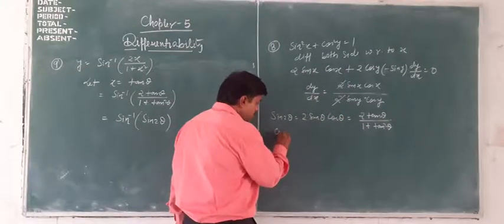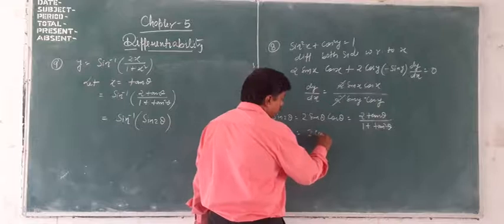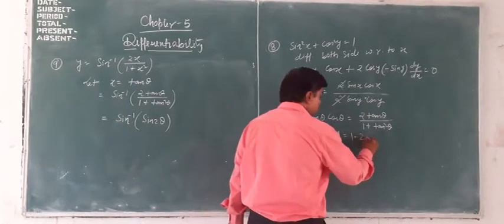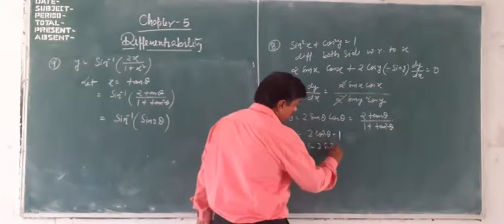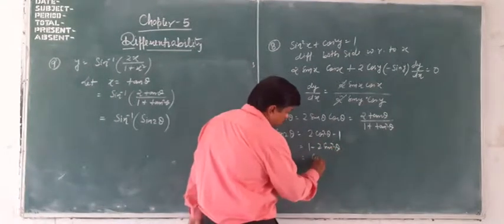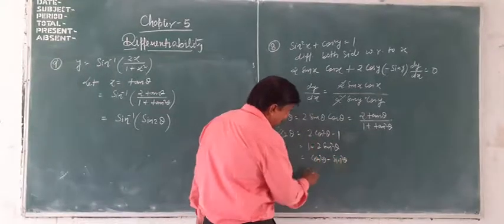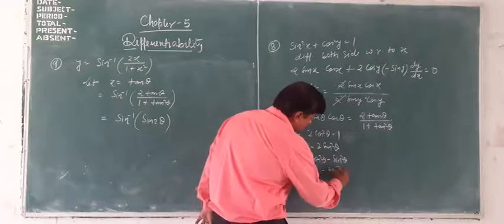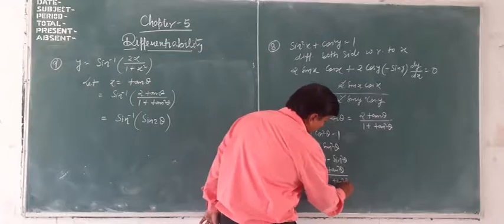Cos 2 theta results are 2 cos square theta minus 1, or 1 minus 2 sin square theta, or cos square theta minus sin square theta, and in terms of tan, 1 minus tan square theta divided by 1 plus tan square theta.